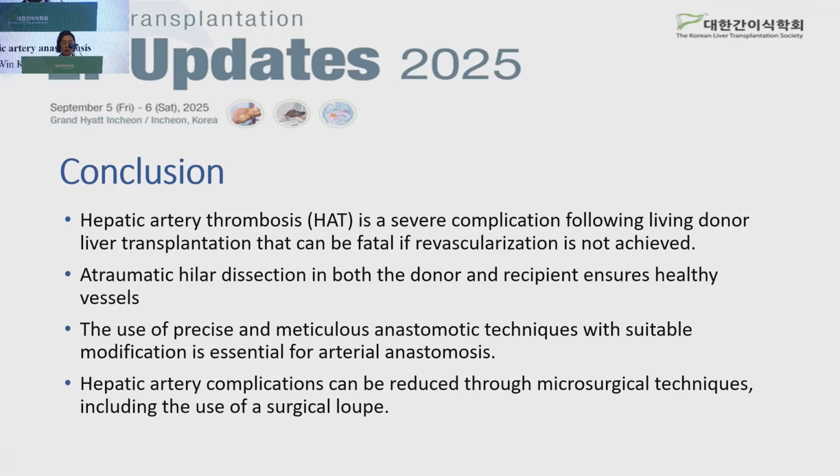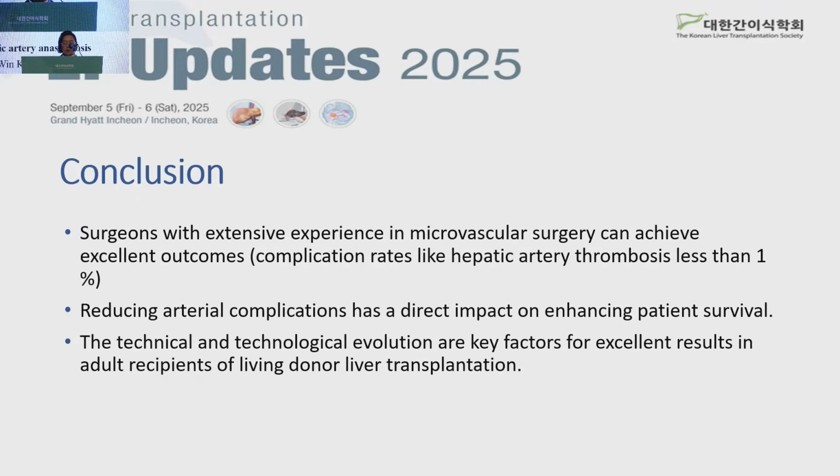Atraumatic meticulous dissection in both the donor and recipient ensures healthy vessels. The use of precise and meticulous anastomotic techniques with suitable modification is essential for arterial anastomosis. Hepatic artery complications can be reduced through microsurgical techniques, including the use of surgical loupes.